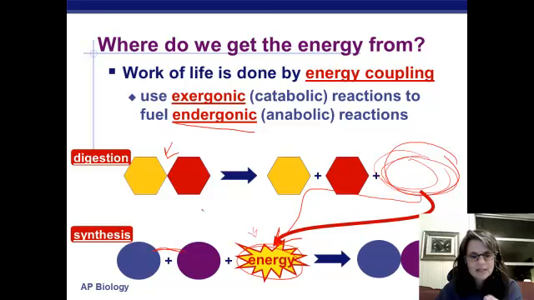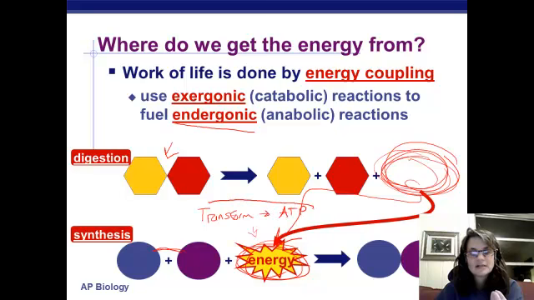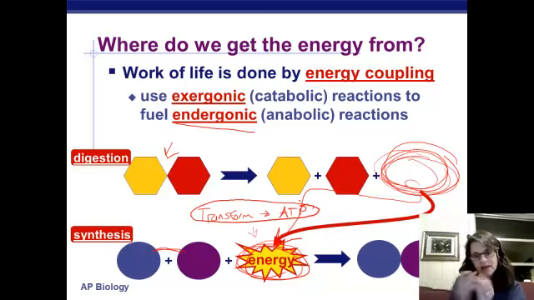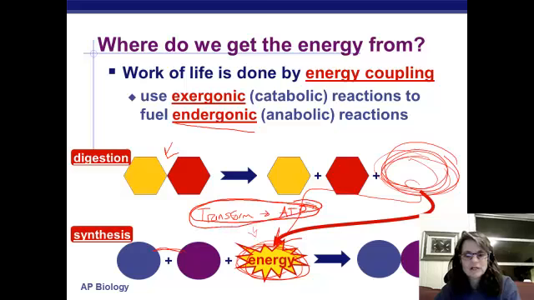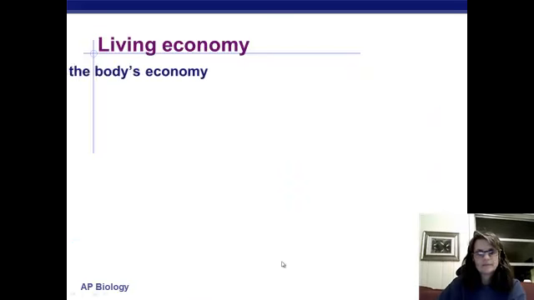So what's missing is this transformation step. We need to transform this energy that is released into an energy we can use. And that transformation step is transforming energy into ATP. And so basically what this entire unit is about is how we take this middle step and transform energy into ATP that we can then use to do whatever we want. Okay?